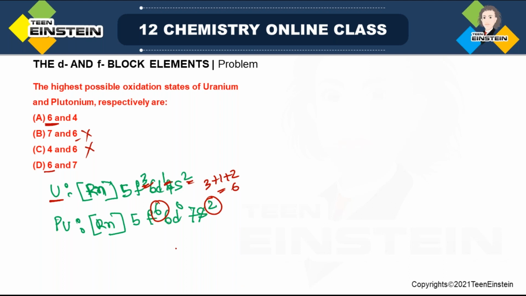So here basically the highest possible oxidation state found is +7. That means though there are 8 valence electrons, +7 is the highest possible oxidation state. So this will be the correct option: 6 for uranium, 7 for plutonium. Okay.